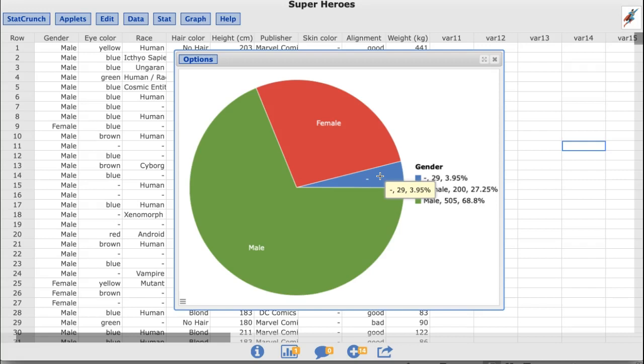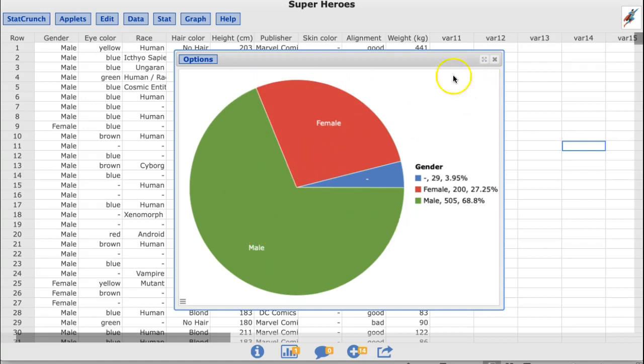Maybe it's non-binary, or they just don't know the gender for the specific superhero. So what I'm going to do is collect a random sample here. Just to get a feel for this population: male, female.